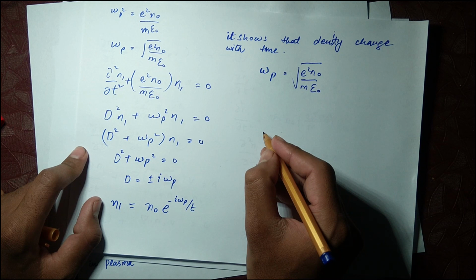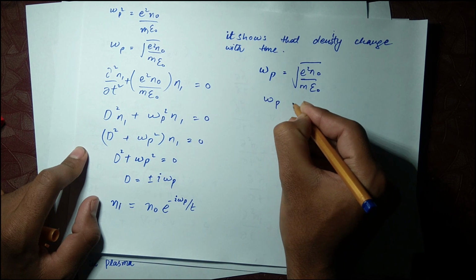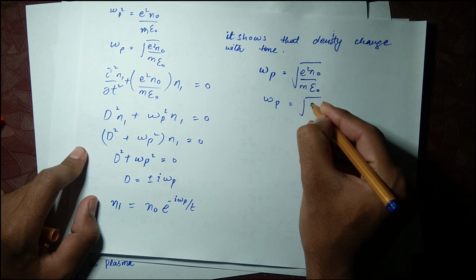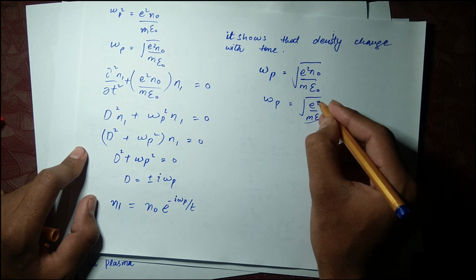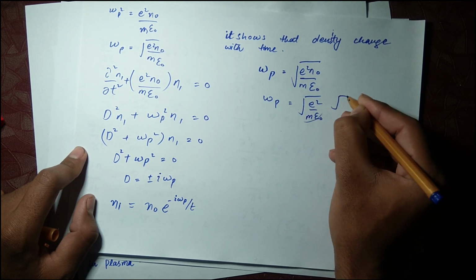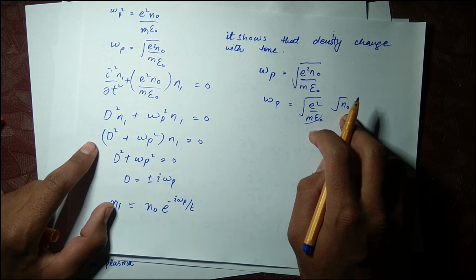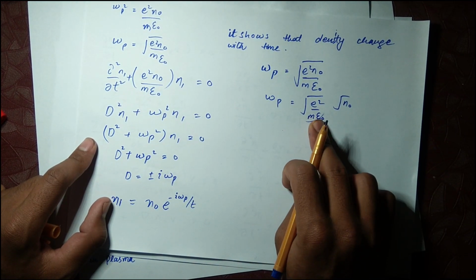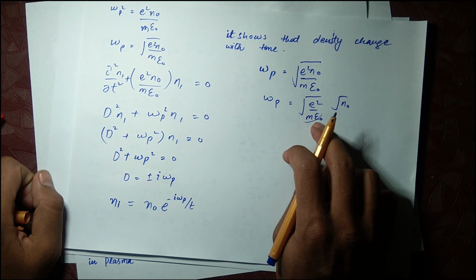Here e square over m epsilon naught is a constant term, and n naught can vary from one plasma to another plasma, but the constant part is the same for all plasma: charge of electron, mass of electron, and epsilon naught, the permittivity of free space.